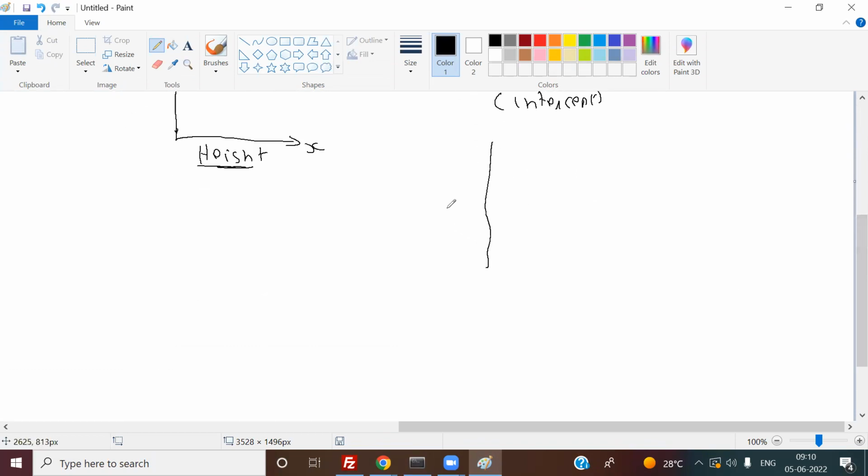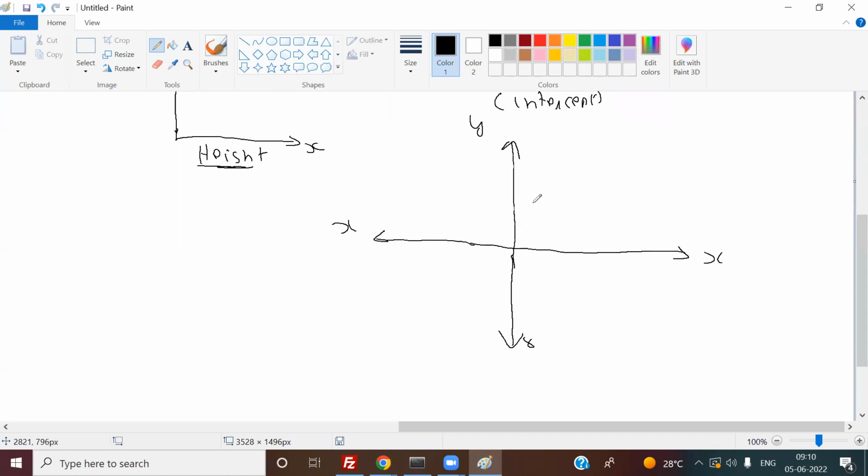Diagrammatically, this intercept would be denoted something like this. If we create a diagram, it will look like this. This is your x-axis, y-axis, and obviously they can extend. If this is a line, then what would be the intercept over here? Let's say you extend this line, wherever it cuts the y-axis, this part is known as your C, or the intercept.